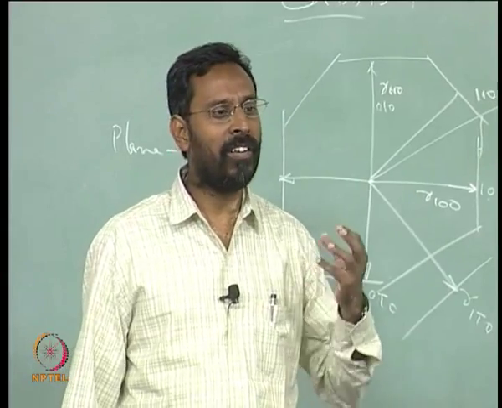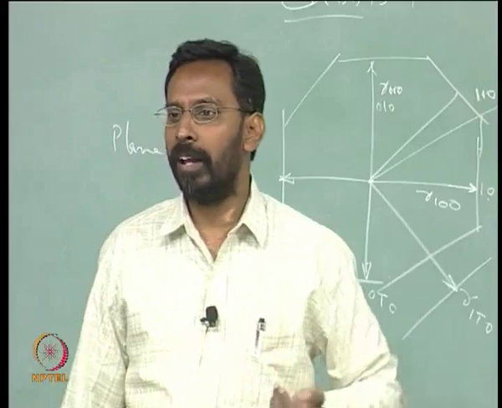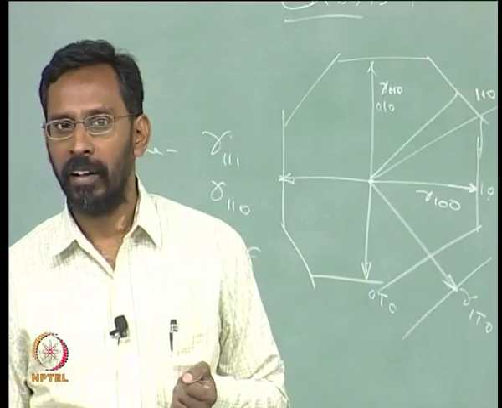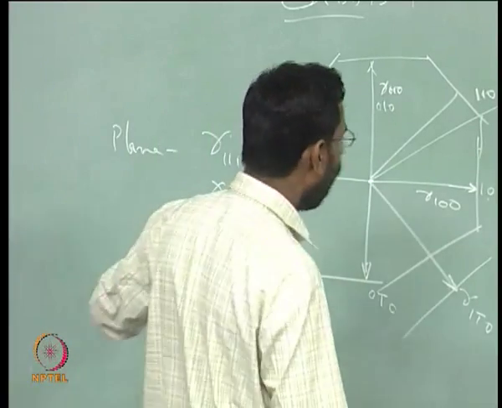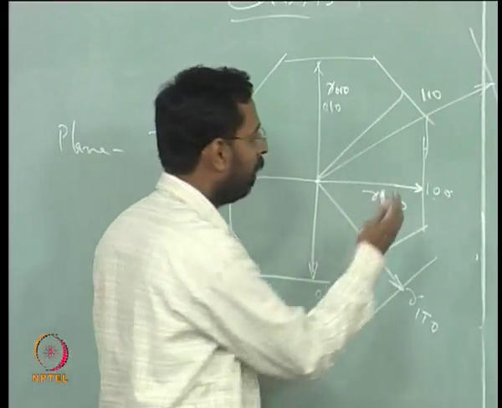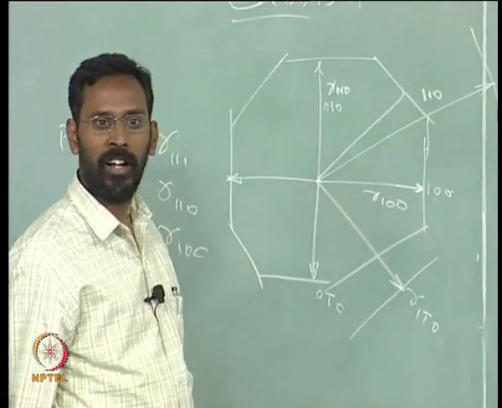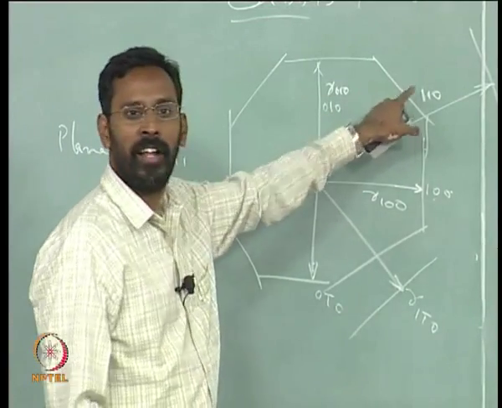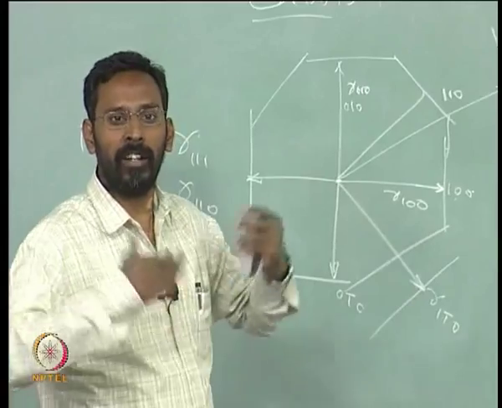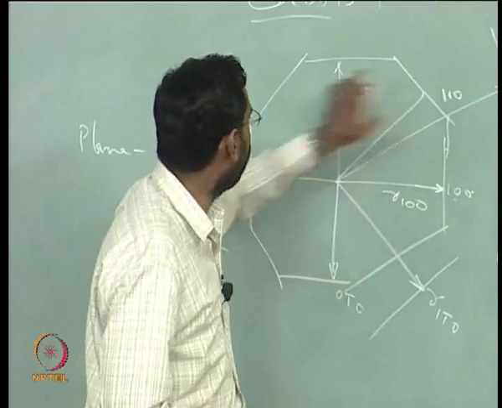The plane which is loosely packed will always move faster than the plane which is close packed. As a result, after some time, if these 4 are growing faster, slowly you will see that the final shape after the growth would have changed; these planes will not exist there.